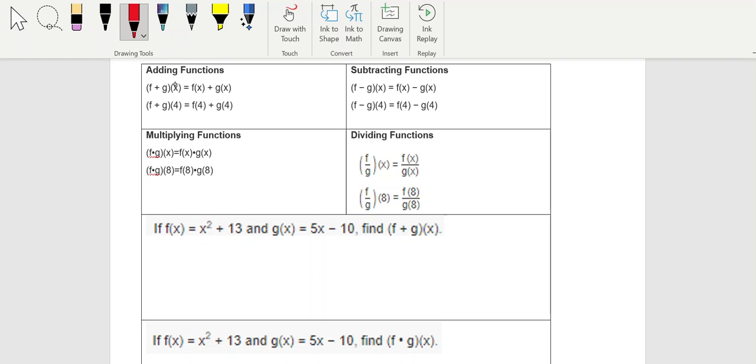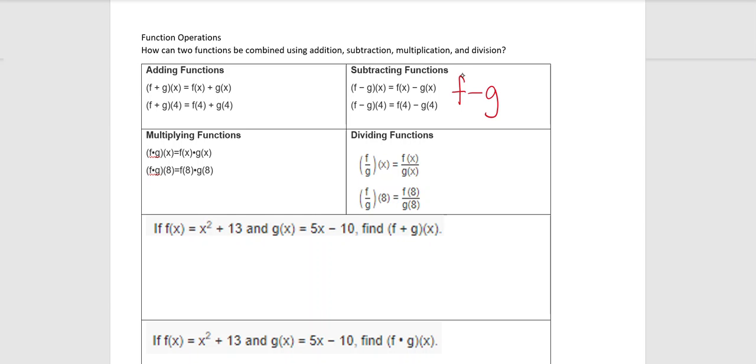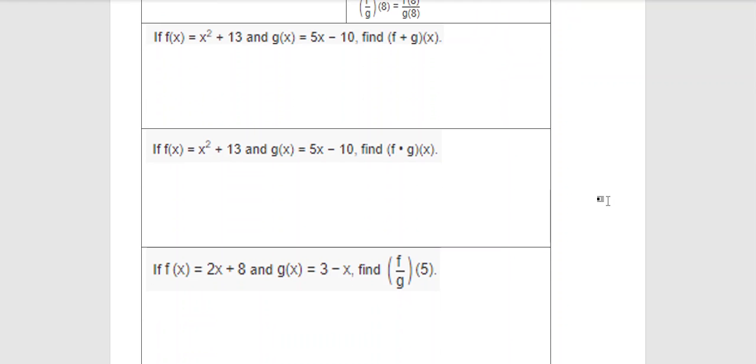So we need to figure out what f of x is and add that to g of x. Where if it was f minus g, we're going to be subtracting the answer we get when we do f of x minus g of x. Same holds true for multiplication and division. So that's how we can just show that our functions are being added, subtracted, multiplied, and divided. And then we just have to apply what we know about adding, subtracting, multiplying, and dividing polynomials.